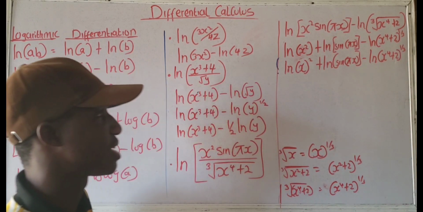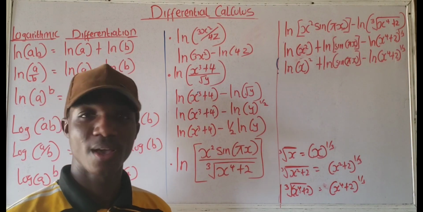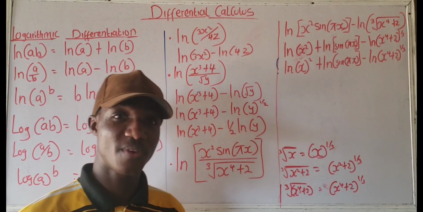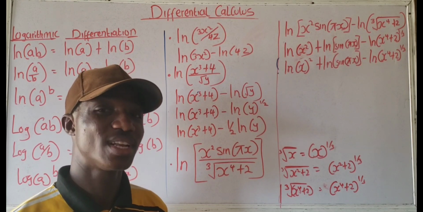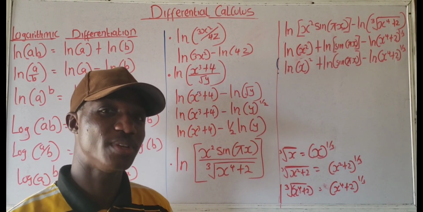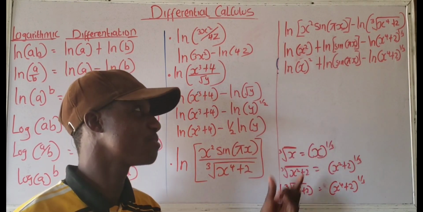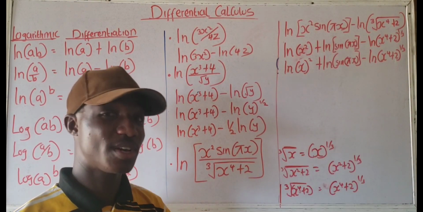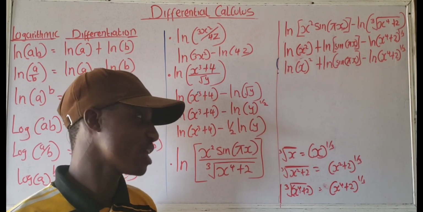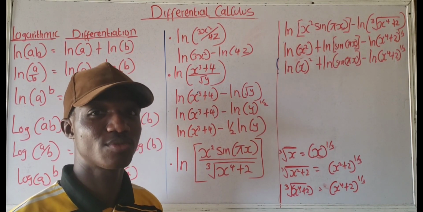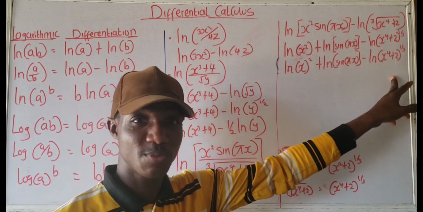See, what I'm doing is just trying to simplify this as much as possible, because if I'm able to simplify it, I'll be able to differentiate it easily. So in an attempt to ease the problem of differentiation, we simplified. That's why it takes time to teach you this, because by the time you are given a complex question and you have to differentiate it, especially logarithmic differentiation, you have to be able to expand. I'm very sure you understood it to this point.